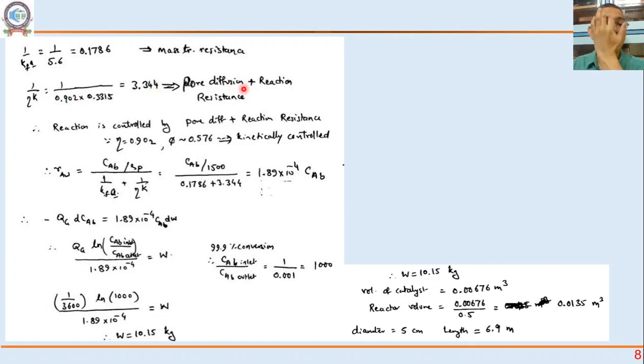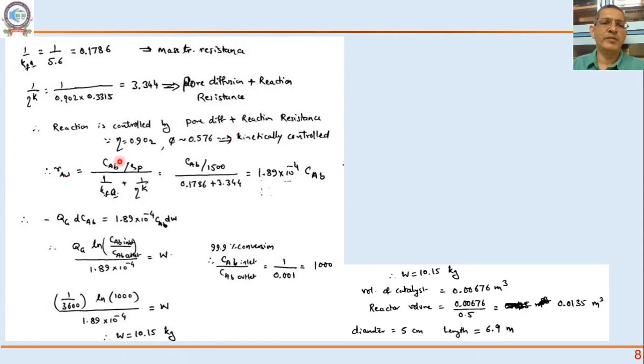So the diffusion resistance through the pore is large as compared to the external mass transfer resistance, about 20 times larger. So essentially the reaction is controlled by pore diffusion plus reaction. Pore diffusion also is small because the effectiveness factor is 0.9. Essentially, it is reaction controlling, practically kinetically controlled.